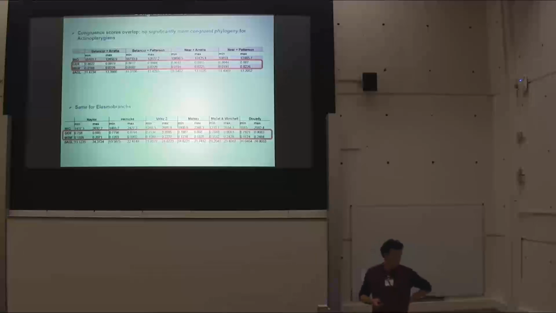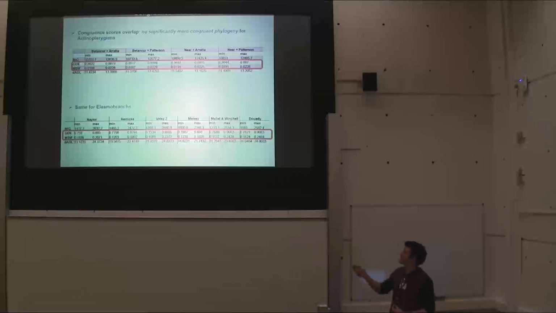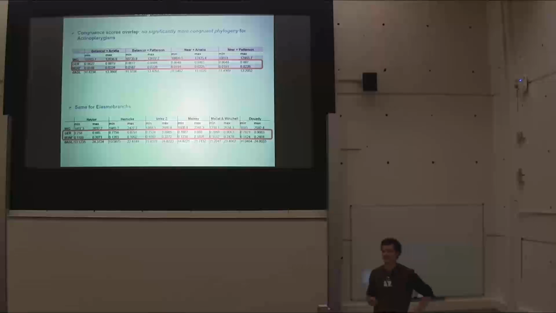The first result is that all the congruence scores overlap, which means that the minimum score for one phylogeny is not higher than the maximum score of another phylogeny, so it's impossible to spot a phylogeny that is significantly more congruent than others.